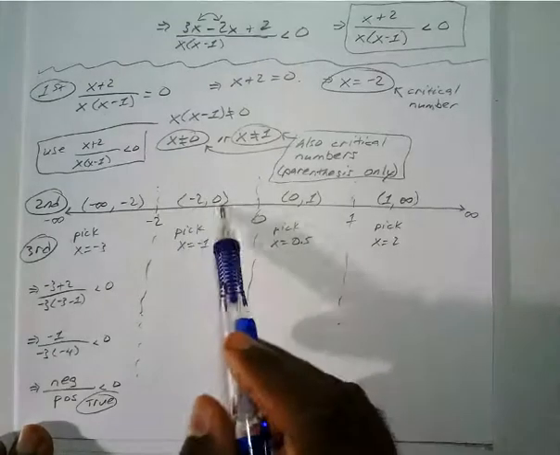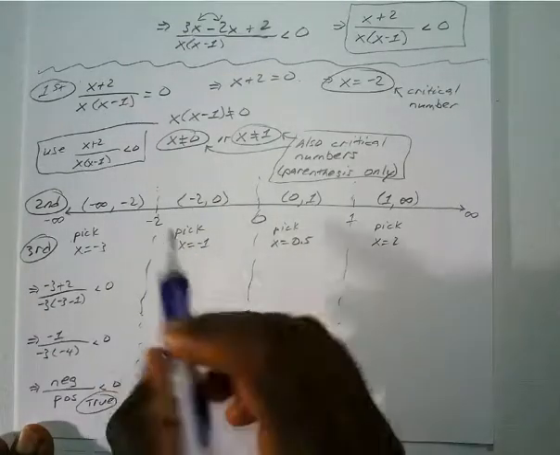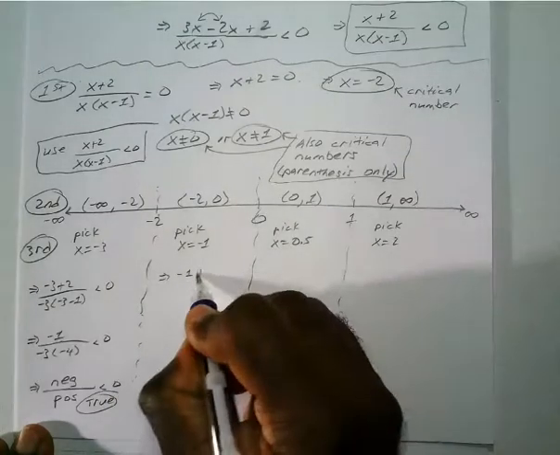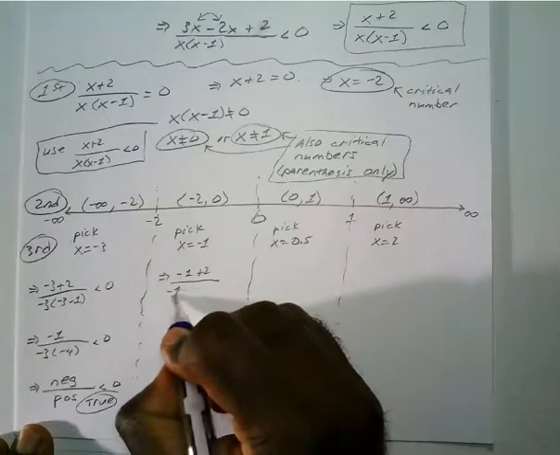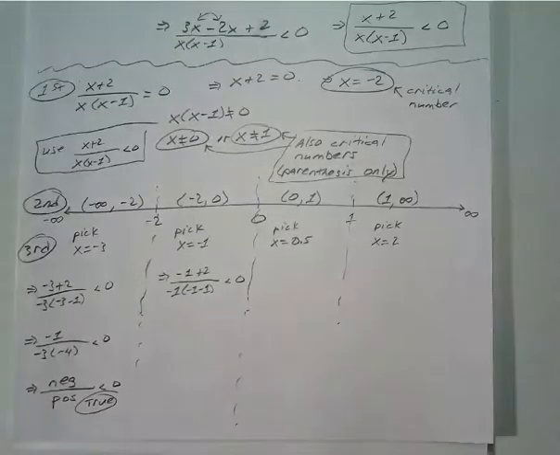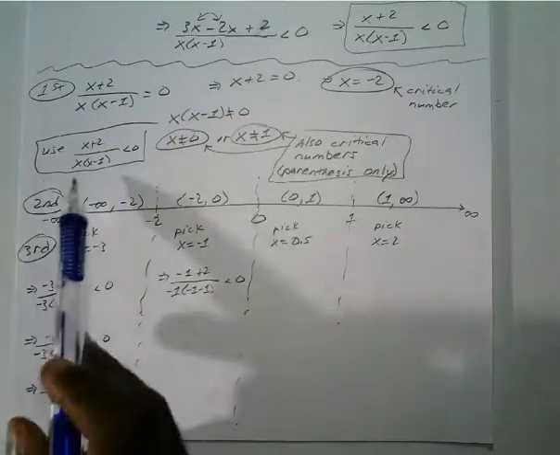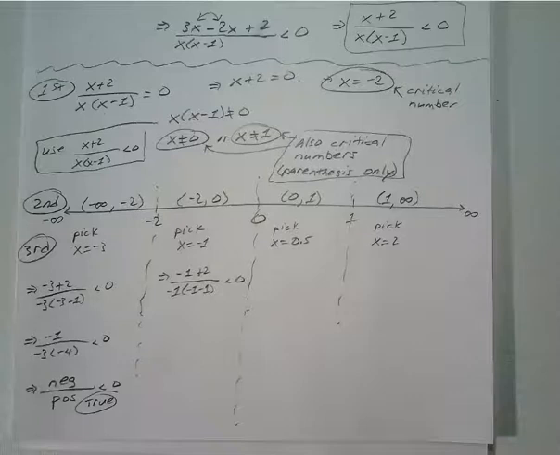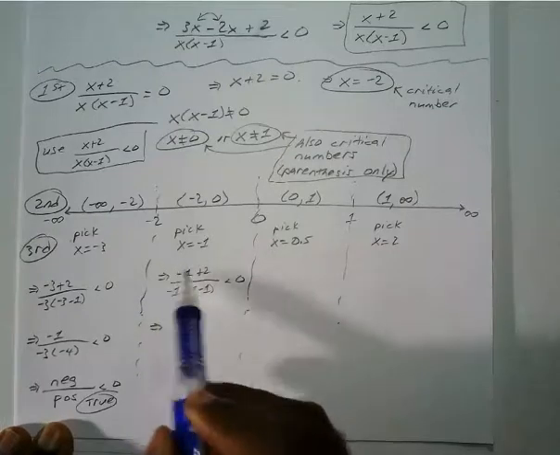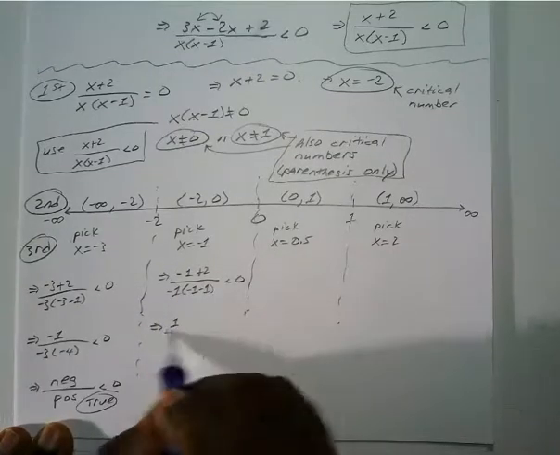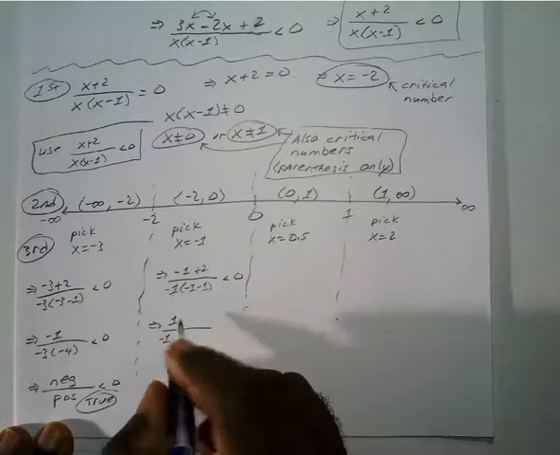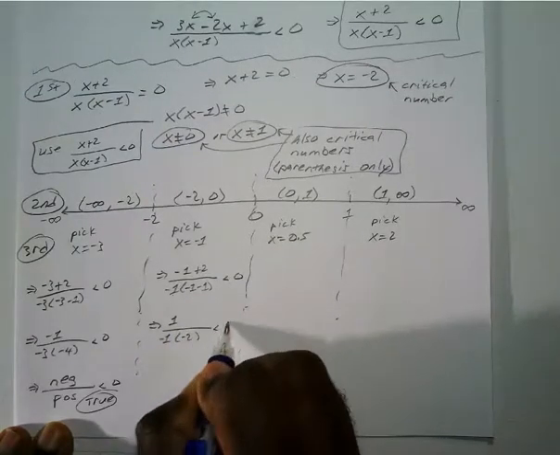Okay, so what about from -2 to 0? You pick x equals -1. So that's -1 plus 2 over -1 times -1 minus 1 is less than 0. Again, just plugging -1 in there. -1 plus 2 is +1 over -1 times -2 is less than 0.